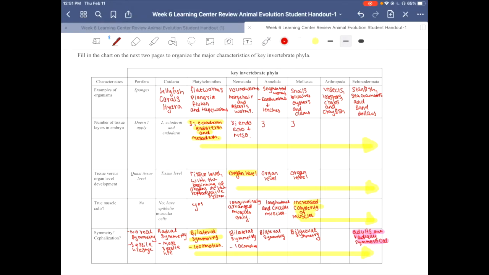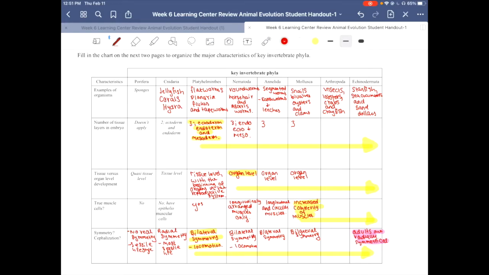When we get to the Nematoda is when we see complete organ levels and systems occurring. And for the true muscles, the key thing to remember is the Mollusca because they have the most complex muscles, and every phyla that came after that kept that form.